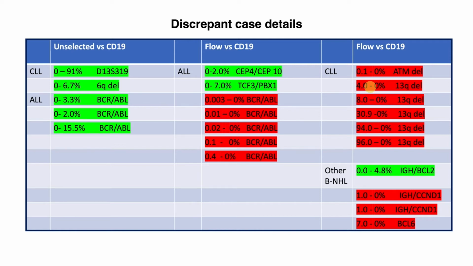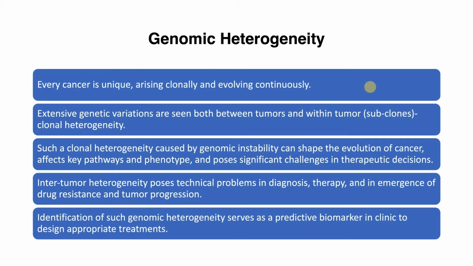The reason for this failure is most likely that these were present as subclones in the diagnostic specimen, and those subclones might have disappeared in these cases. So that is the reason for the failure. Similarly, in the case of other B-NHL, you can see that BCL6 failed to recognize the abnormality. This is also most likely a secondary abnormality in this case. So this is an obvious pitfall and limit of this approach in identifying the genetic abnormalities.